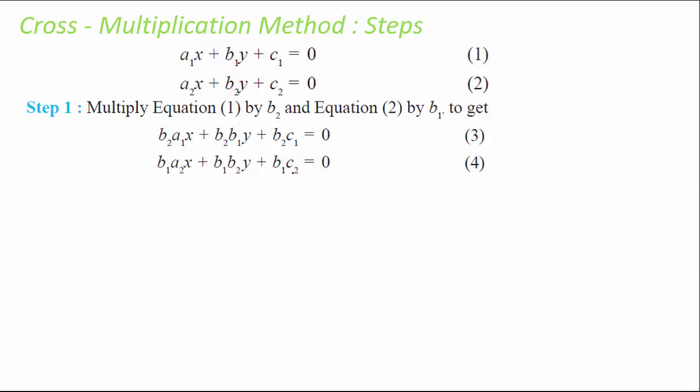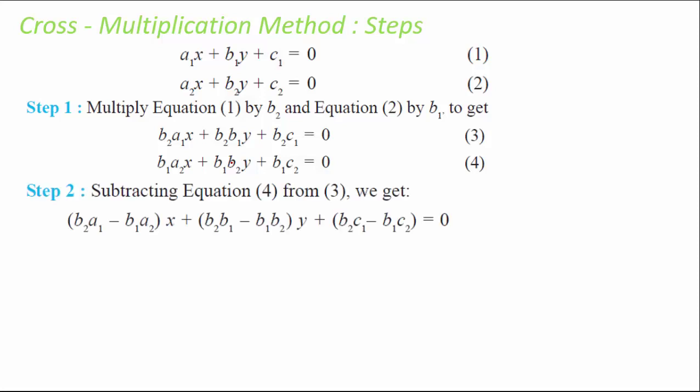Why do we do that? So that the coefficient of the middle term becomes the same. Okay, now here I'm just trying to tell you how exactly we derive an expression to calculate the value of x and y. However, in your exam, you really do not need to derive it.